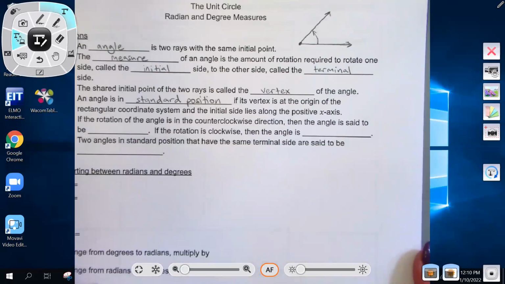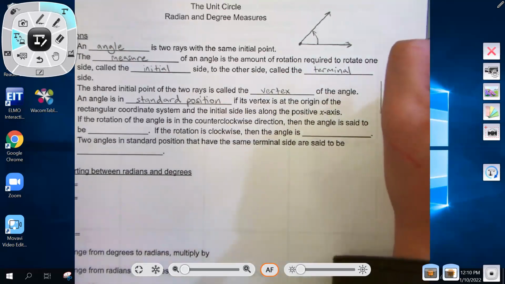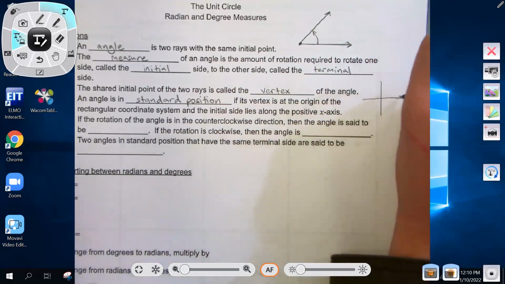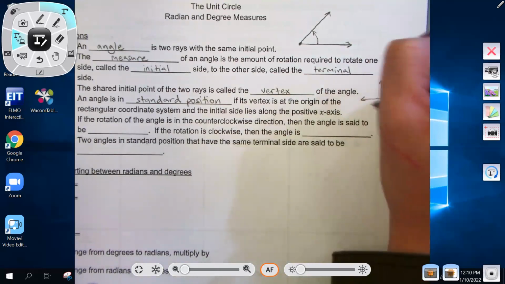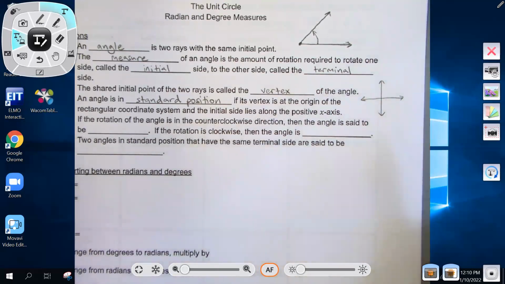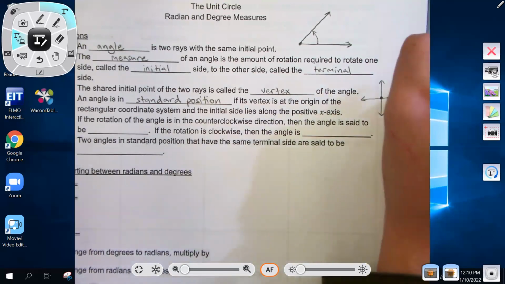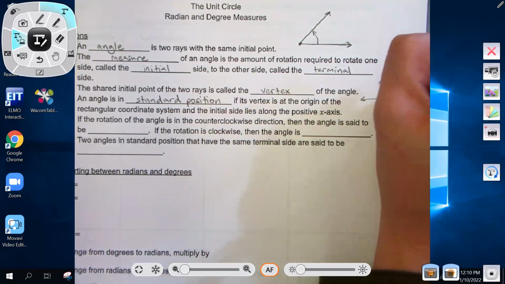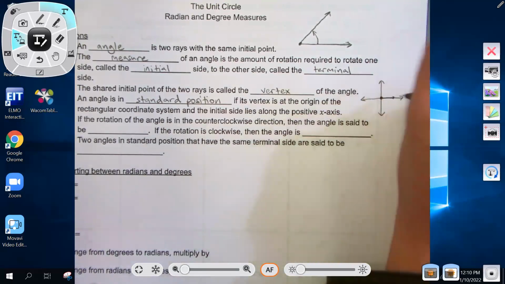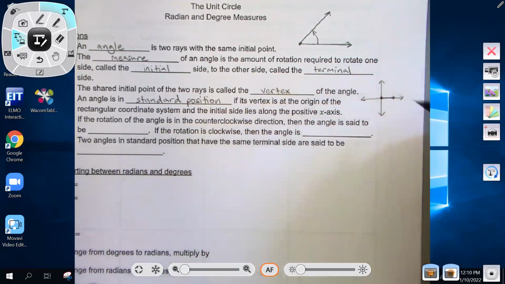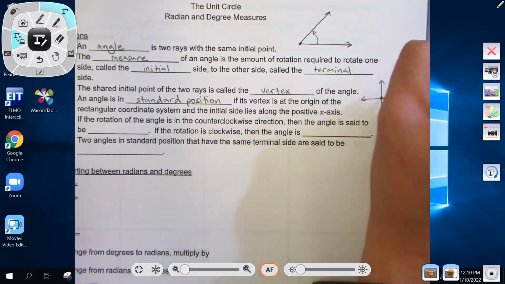Let me see if I can draw a little example. So we've got our x and y axis on the coordinate plane. Standard position is the vertex is at the origin. The initial side is right here on the positive x-axis. And then the terminal side could really be anywhere.